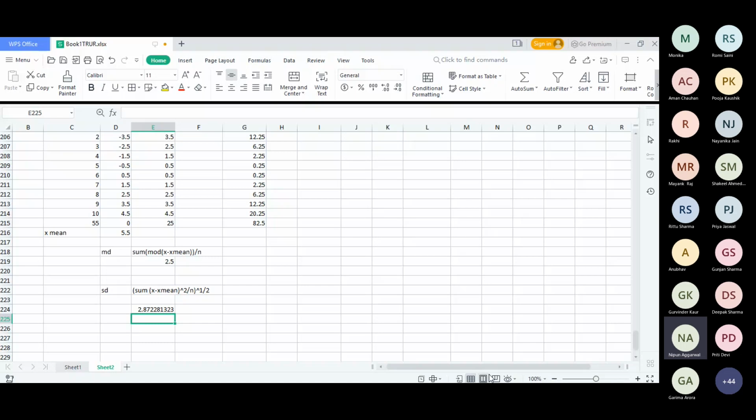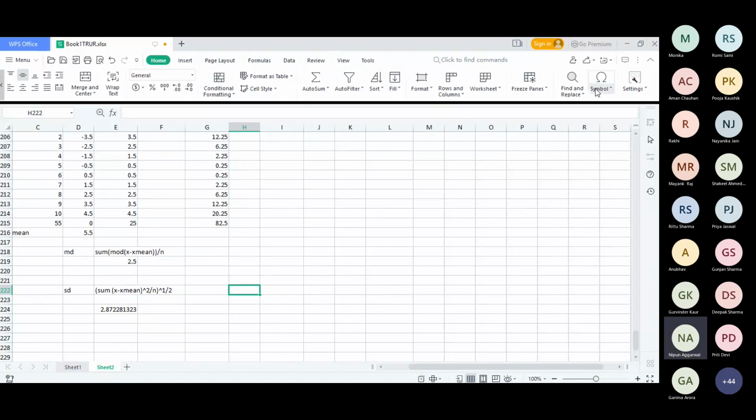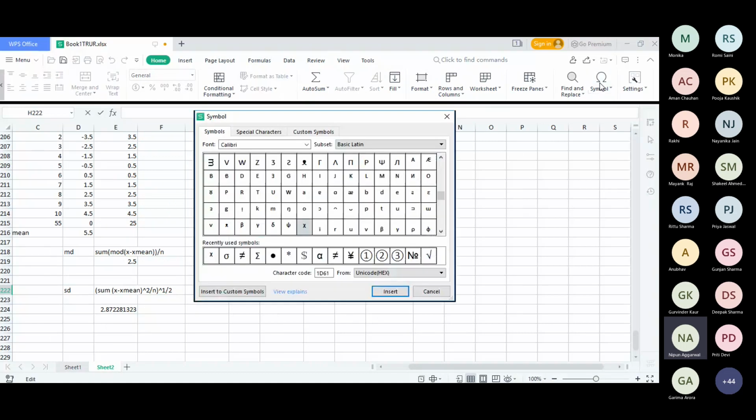Again, the best tool for the measures of dispersion is the standard deviation. 90% of the time we measure dispersion with the standard deviation value. The standard deviation is also represented by the letter sigma, and I'll show the symbol for sigma.